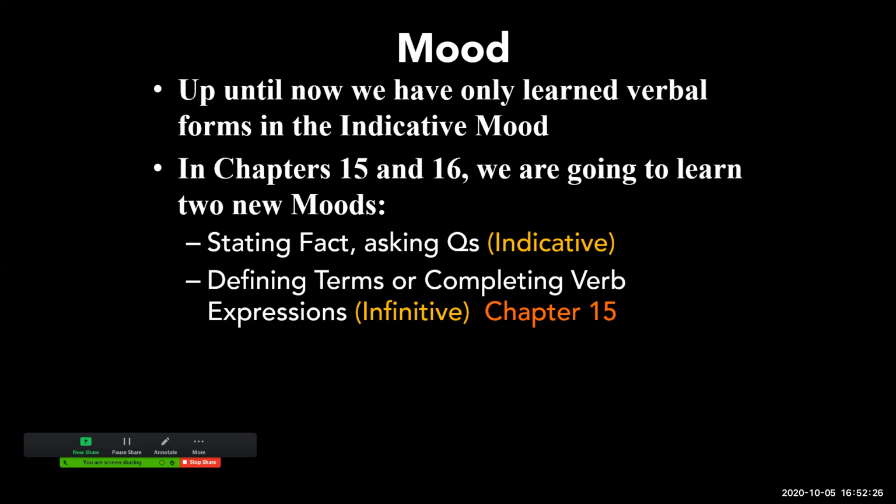By definition, it really doesn't have a subject. It just describes an action or an existence: to do, to go, to see, to be. It is more of an existing sort of verbal idea.